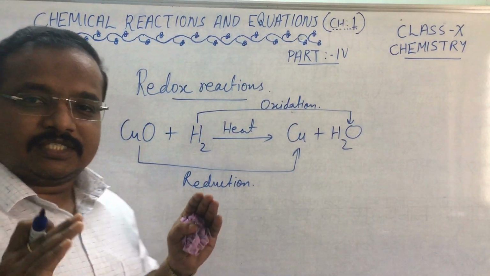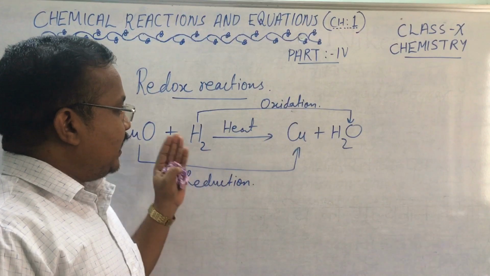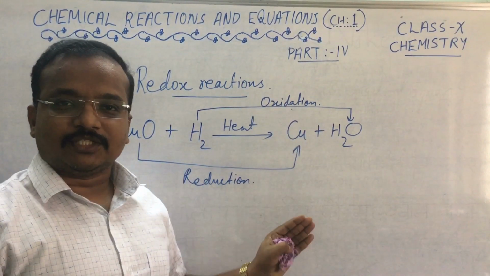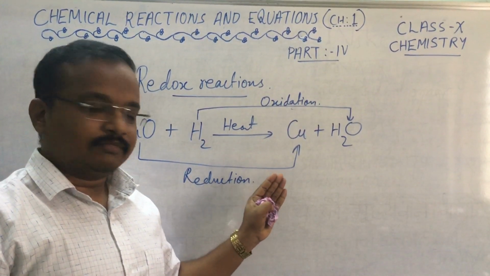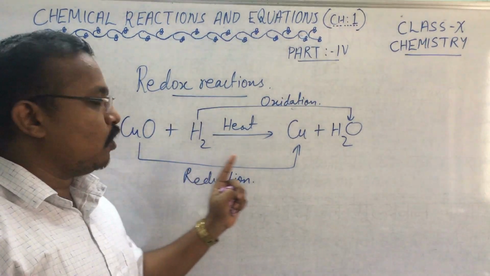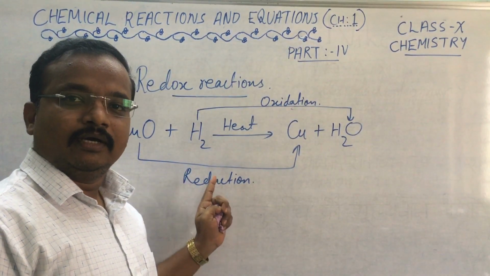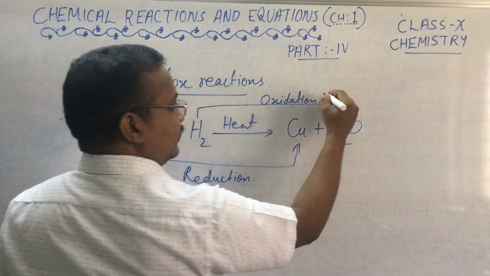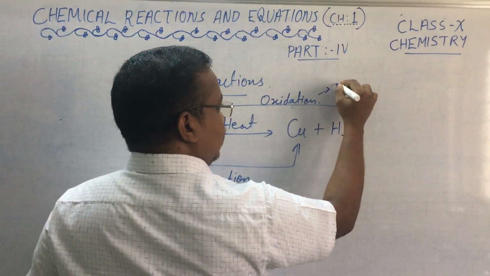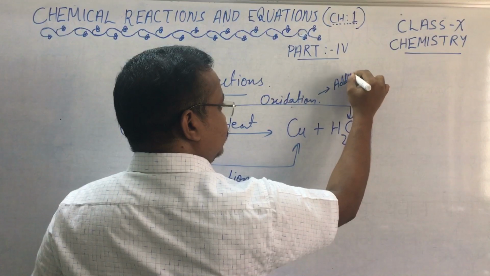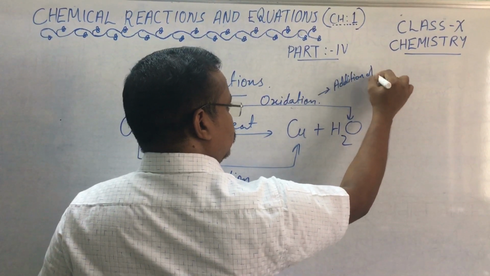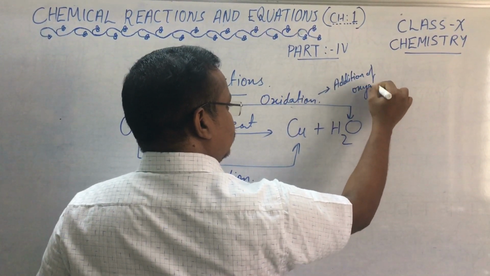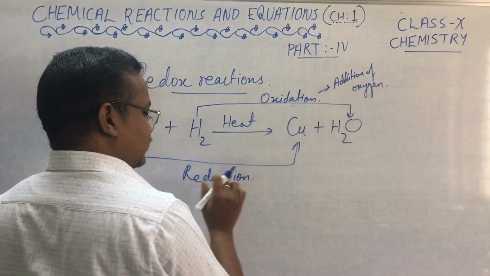So the reaction in which addition of oxygen takes place is called oxidation, and removal of oxygen is called reduction. Let me write here: oxidation means addition of oxygen, and just the opposite of this is reduction.